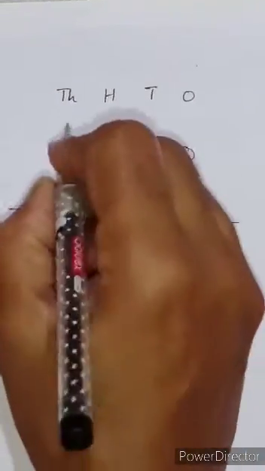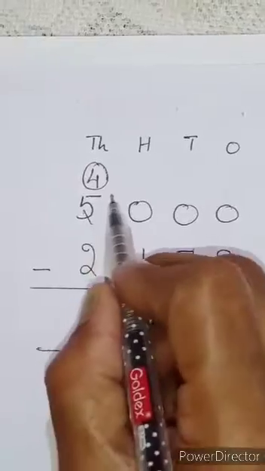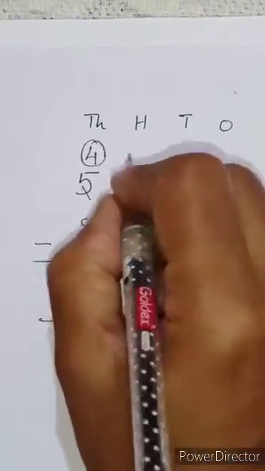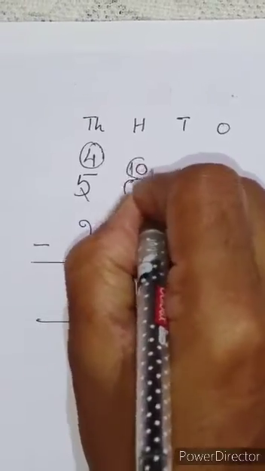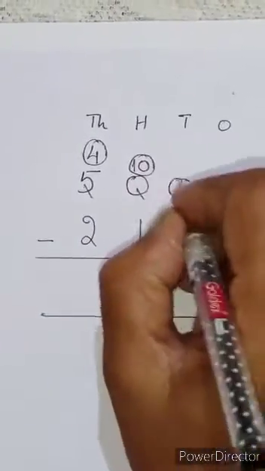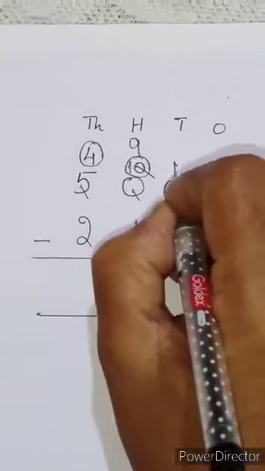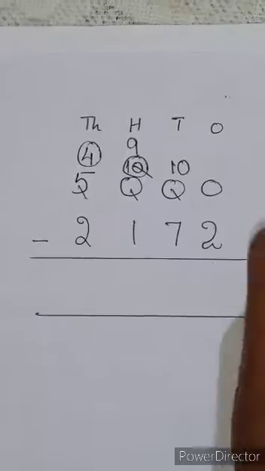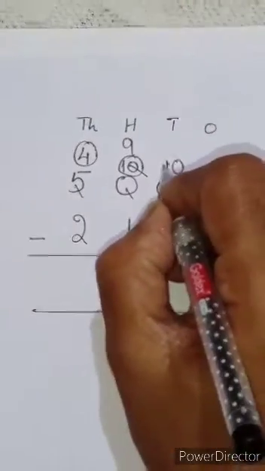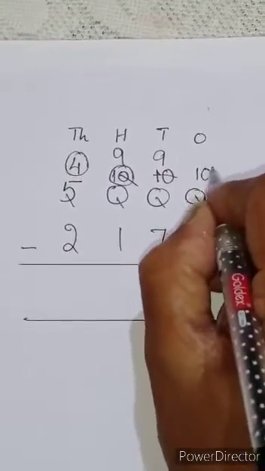So 5 minus 1 you write here 4. You cross this 5, above it you write 4. Now if you have borrowed 1 from this, so this becomes 10. Now you can borrow 1 from this 10, so you cross this and write here 9, and this becomes 10. Now you can borrow 1 from tens column, so you cut this 10 and write here 9, and this becomes 10.